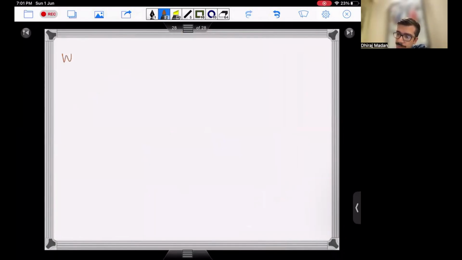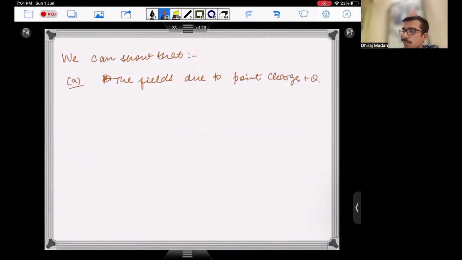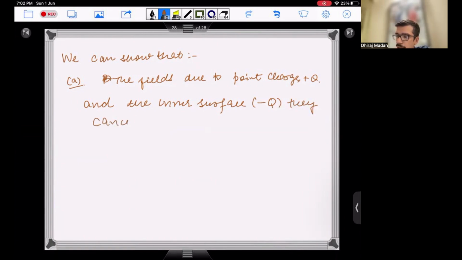We can show that, firstly, the fields due to the point charge plus q and the charge induced on the inner surface, which is minus q, cancel at all points within the conducting medium.